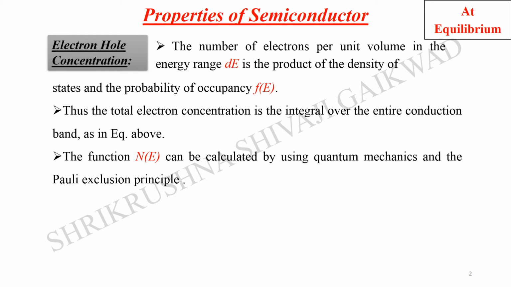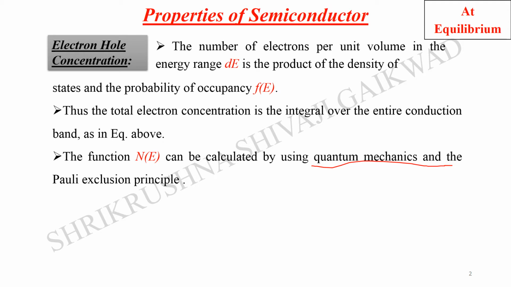We have seen that n0 is equal to the integral from EC to infinity of N(E) f(E) dE. Here, N(E), the density of states of the electron, can be calculated using quantum mechanics and Pauli's exclusion principle.